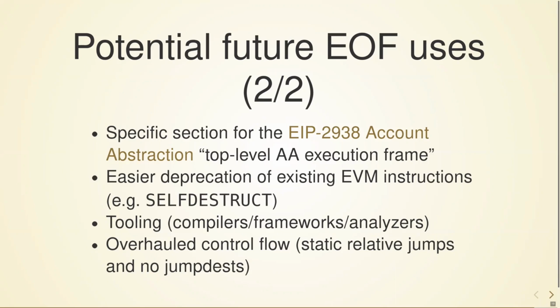There are so many different possibilities, and I think this is something we want to explore after EOF 1 goes live. But it's really early to tell which option is the best.